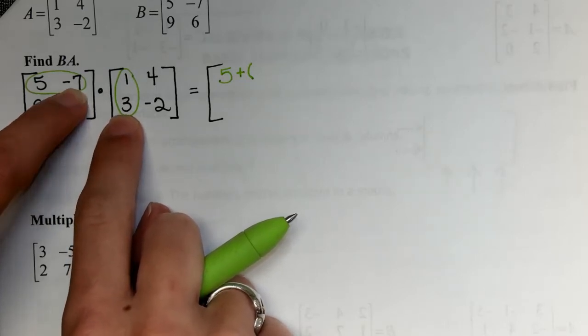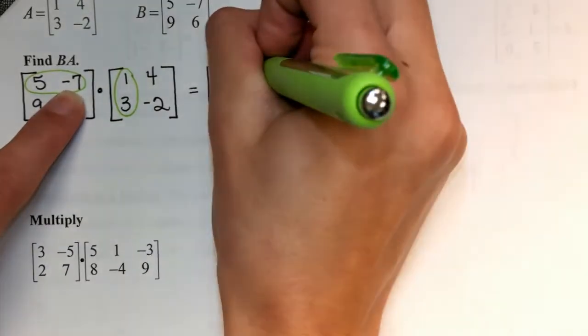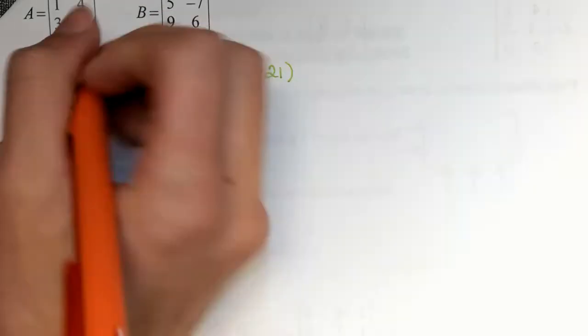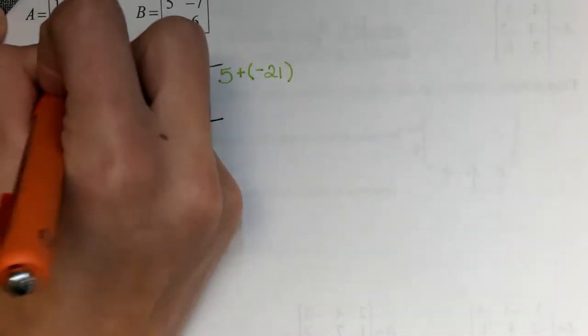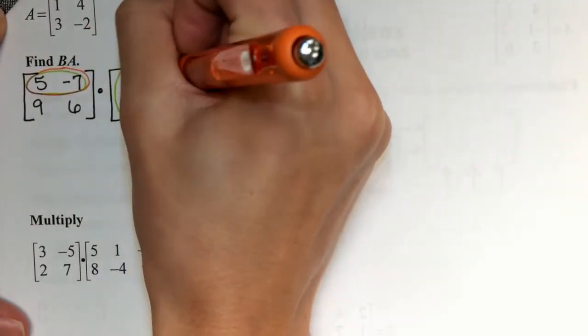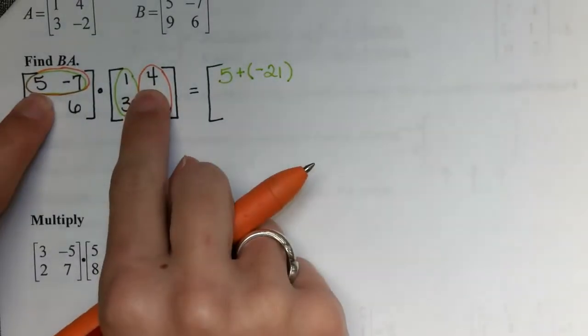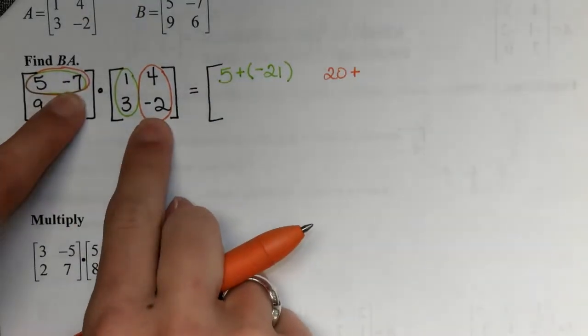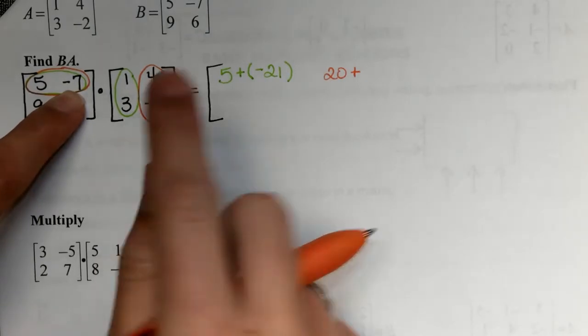Okay? -7 times 3 is going to give me -21. Okay? Then I'm going to take first row times second column. 5 times 4 is going to give me 20 plus -7 times -2.